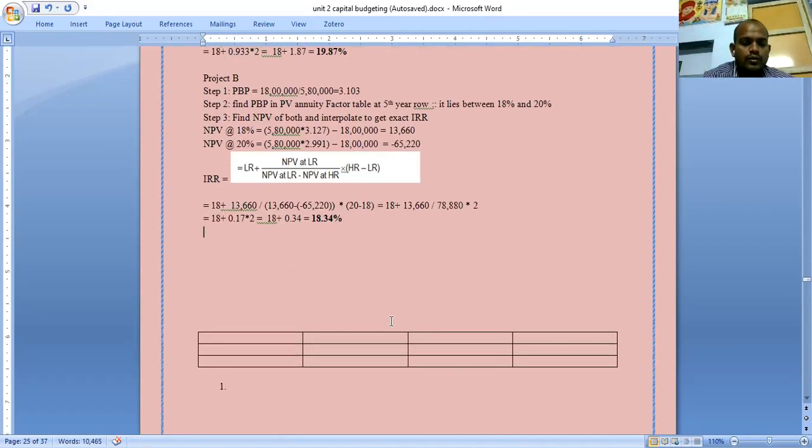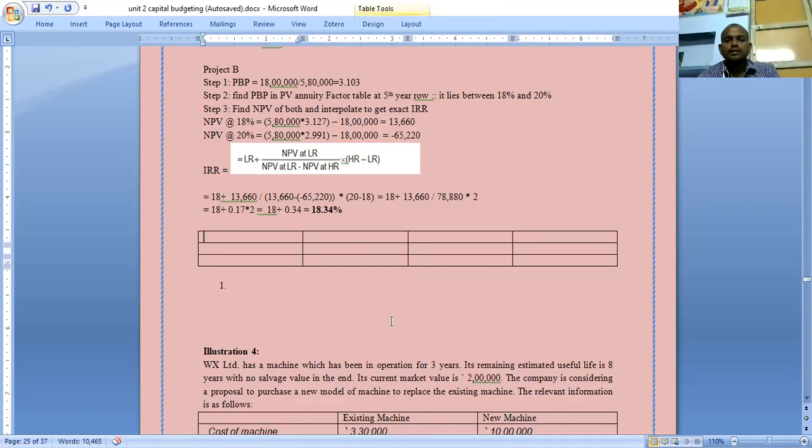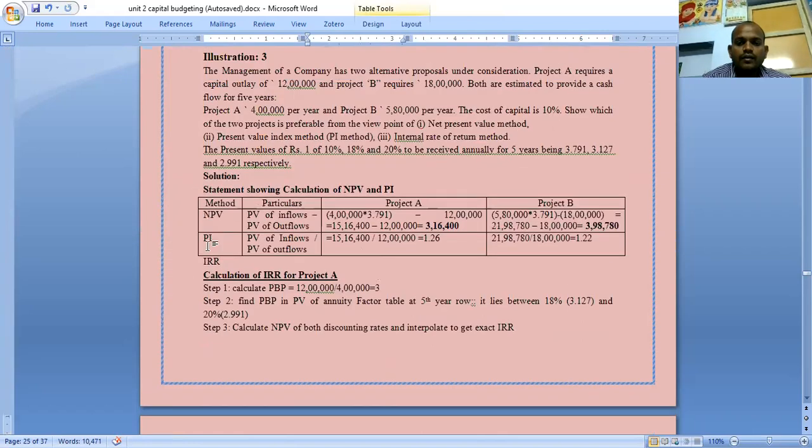Now we have to make decision by using each technique as a decision making criteria. So which project is preferable if we consider the technique as a decision making criteria? So NPV for project A is 3,60,000 and project B 3,98,000.